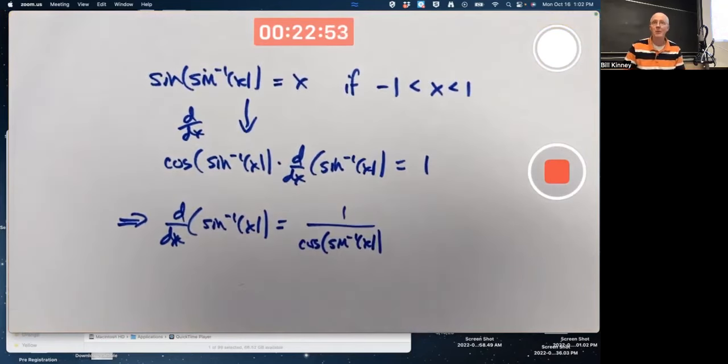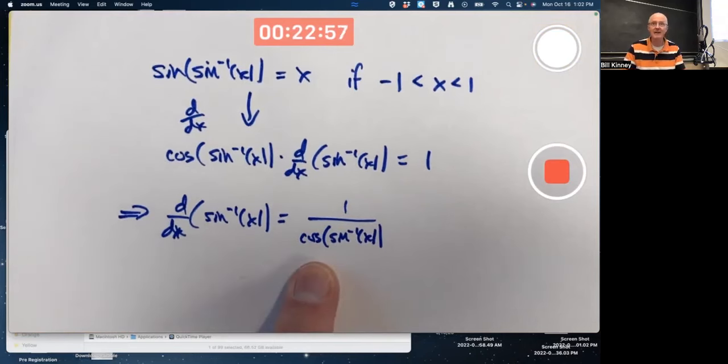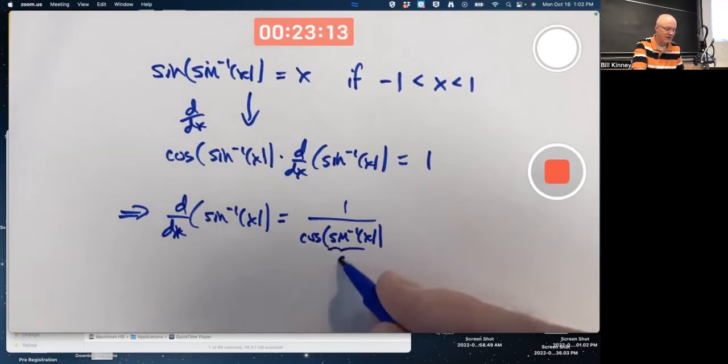However, we don't stop there. Okay, this can be simplified and written as a non-trig function. Again, there are a couple different ways this can be done. What typically people find easiest is to imagine this to be an angle, call it theta.